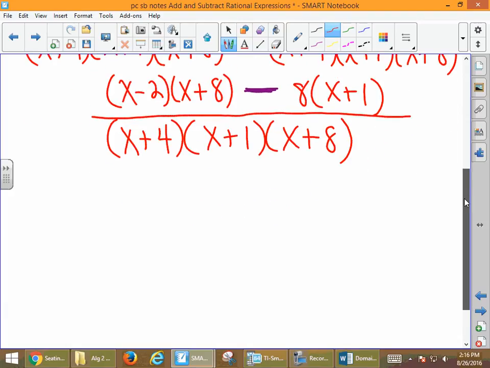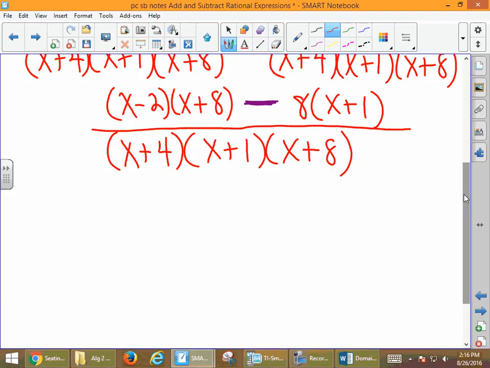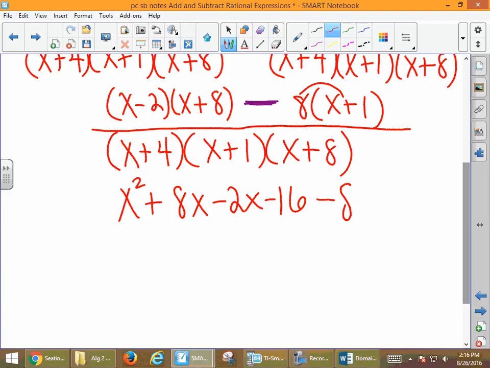So now, I've tried to highlight it in that bluish purple there. We're going to FOIL. We get x squared plus 8x minus 2x minus 16. First, outer, inner, last. Distribute here, we get minus 8x.